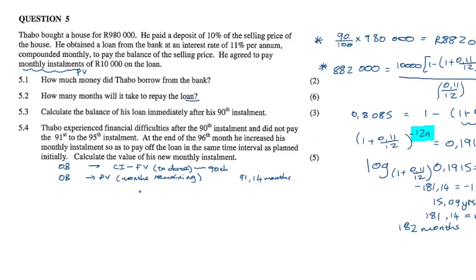So I'm just going to use the present value formula. He's decided to pay 10,000 Rand a month. 1 minus 1 plus the same interest rate, 11% monthly, so you divide it by 12. And then when it comes to the years or months, you know exactly how many are remaining.